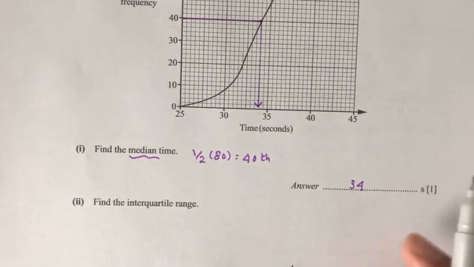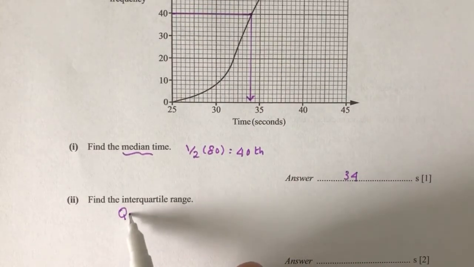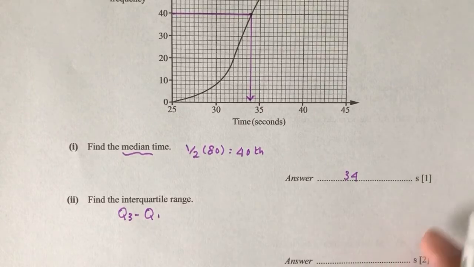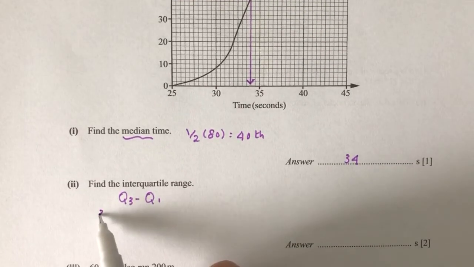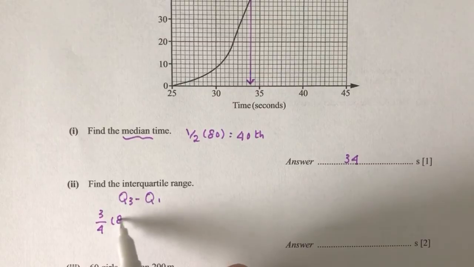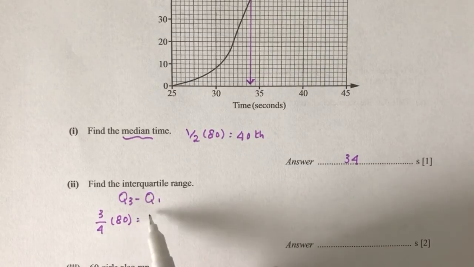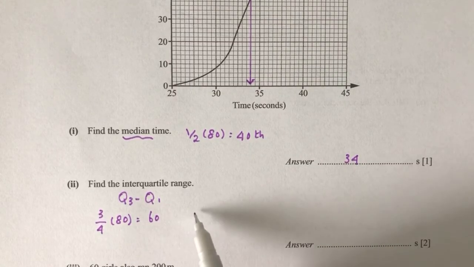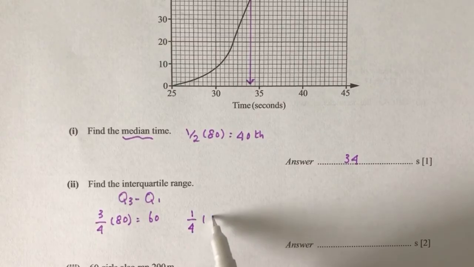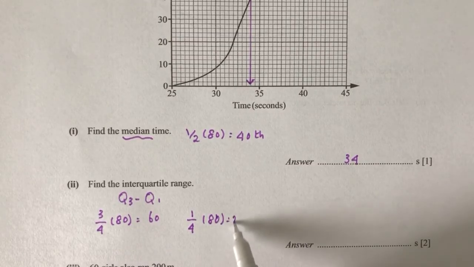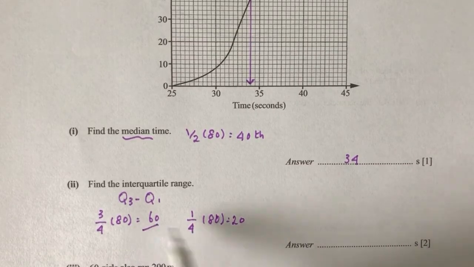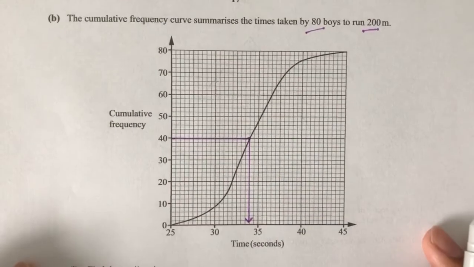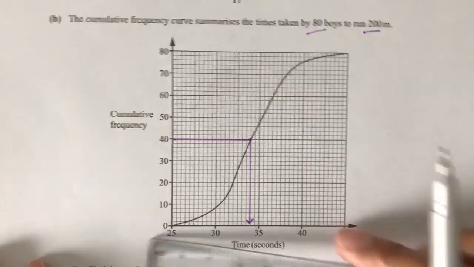Now for this one, find the range. It will be Q3 minus Q1. Q3 is equal to 3 over 4 times 80, which is the 60th element, and Q1 is equal to 1 over 4 times 80, which is the 20th element. So 60th minus 20th. So first find the 60th element. You will have it here.